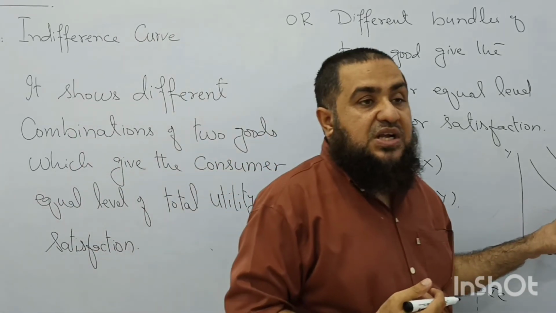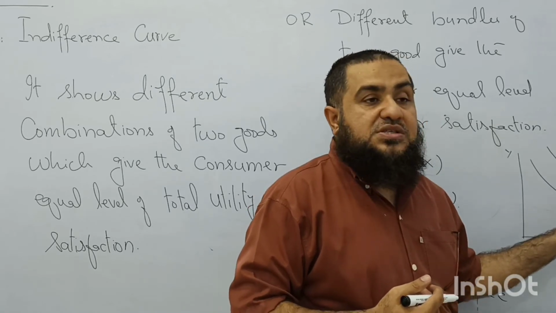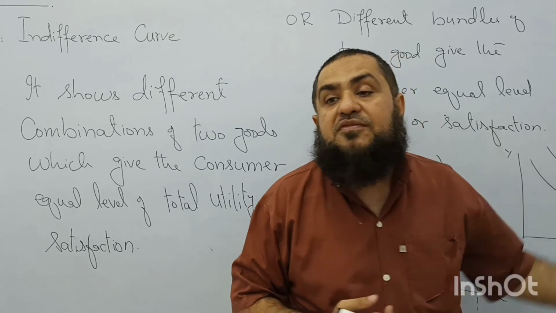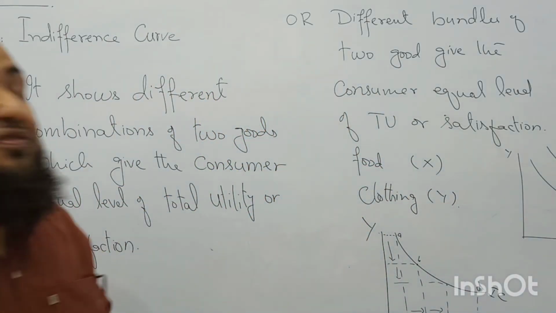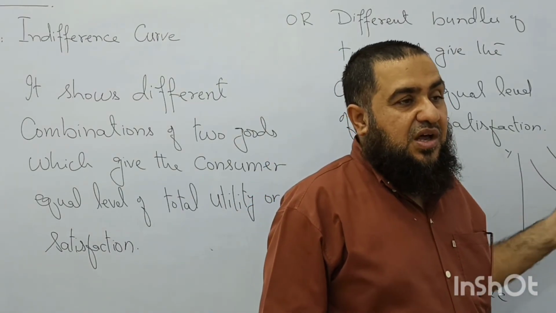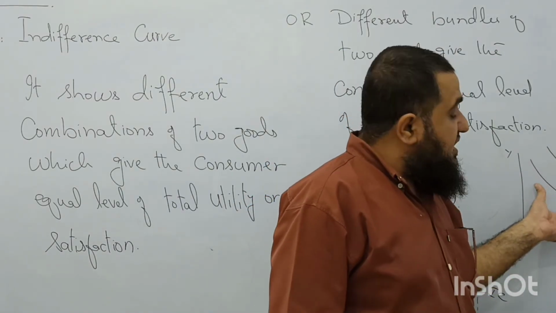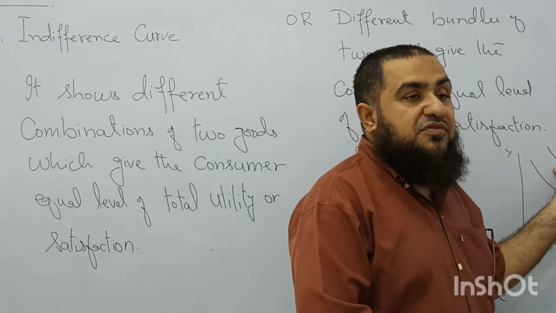Along this indifference curve, the level of satisfaction remains the same, but if he approaches a higher indifference curve, what does it mean? The higher indifference curve will have a higher level of satisfaction. This indifference curve 1 is having a lower level of total utility than indifference curve 2.